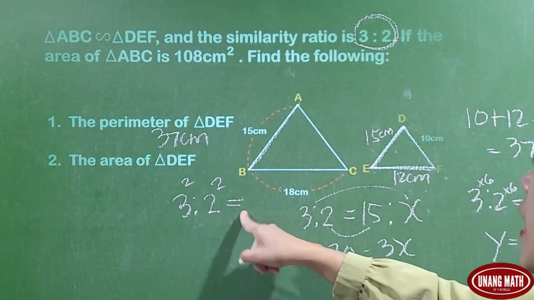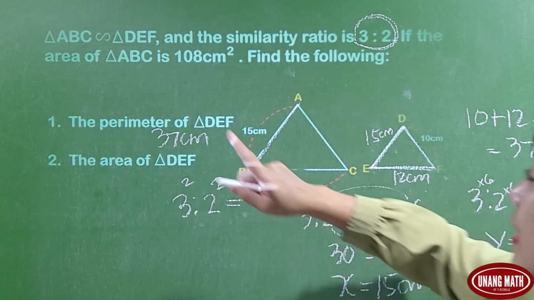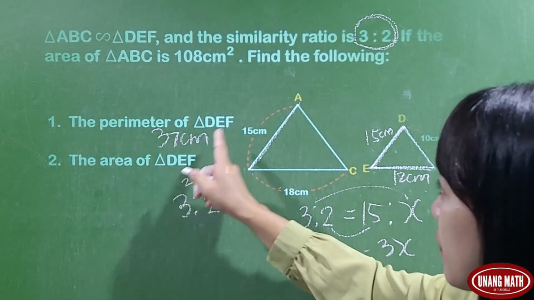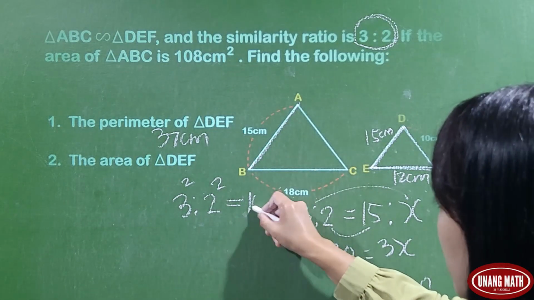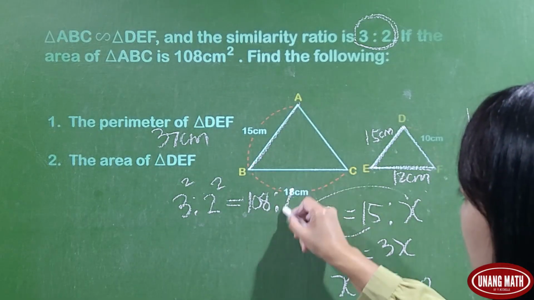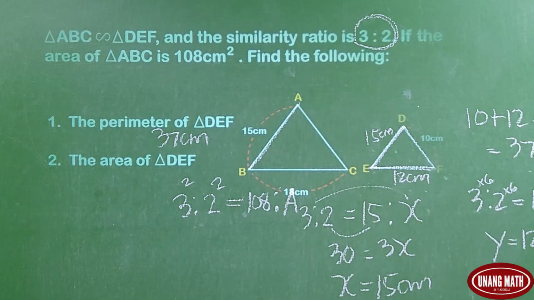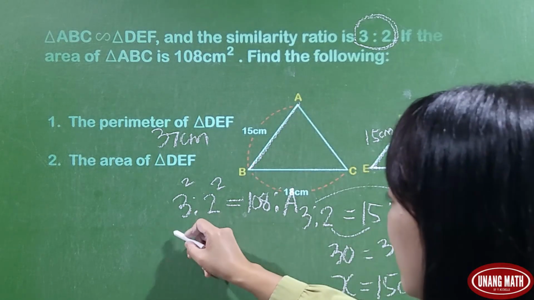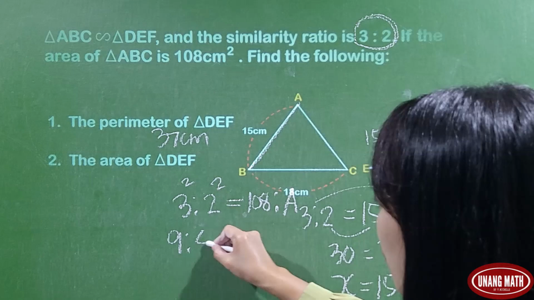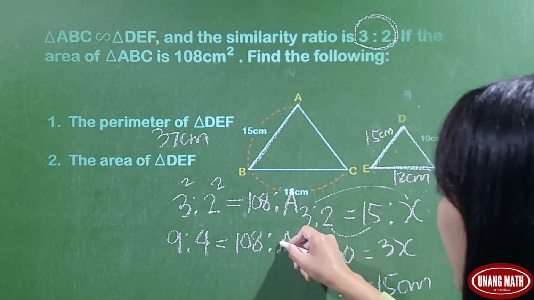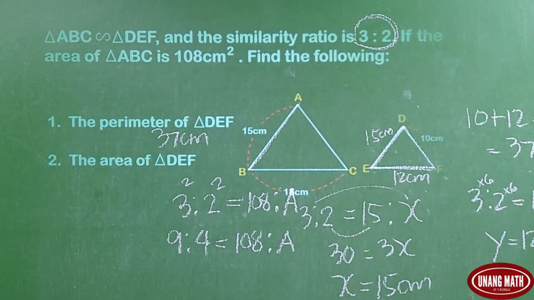Okay, this would be equal to, it's given that the area of triangle ABC is 108 centimeters. So triangle ABC is 108. Let's say the area, what would be the area of this triangle? So this is now 9 is to 4 is equal to 108 is to the area of this triangle.